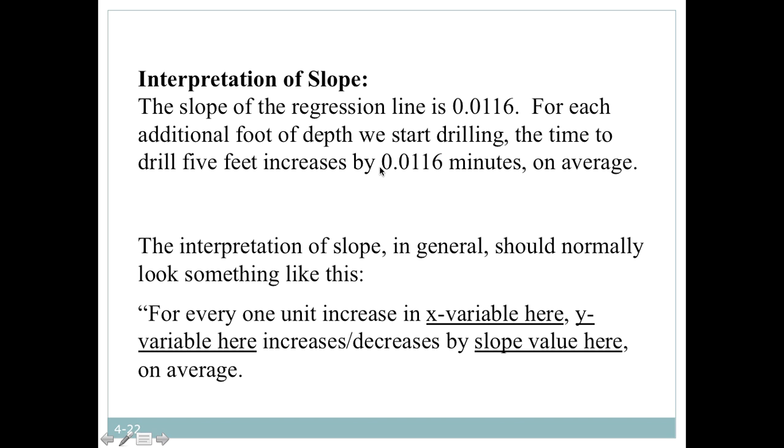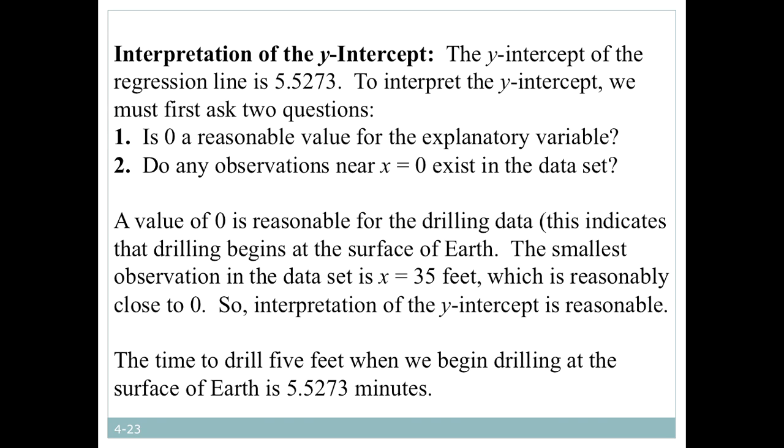This might take a little bit of getting used to, but really that's what the slope is describing. It's saying for every 1 unit increase in your x, or your explanatory variable, it's telling you how much your y, or your response variable, changes. It either increases or decreases by the slope value.